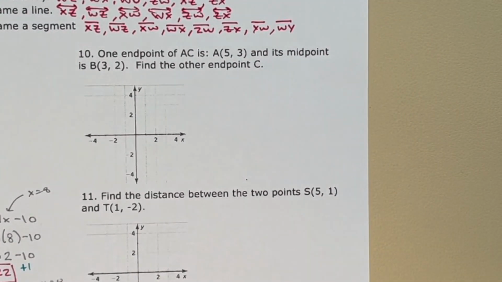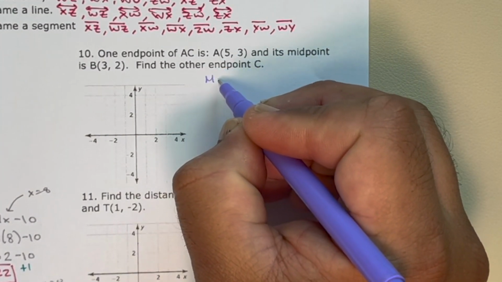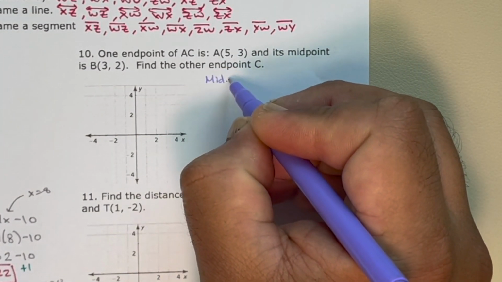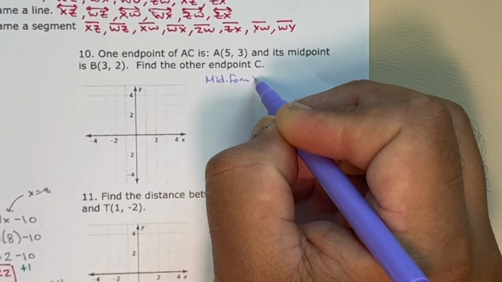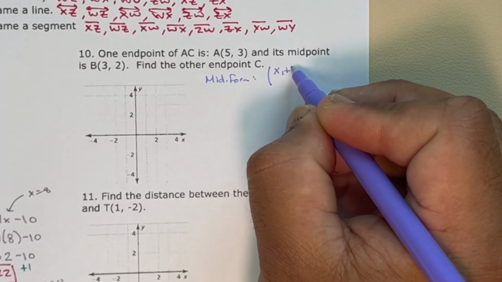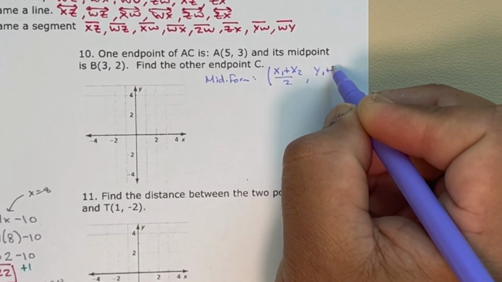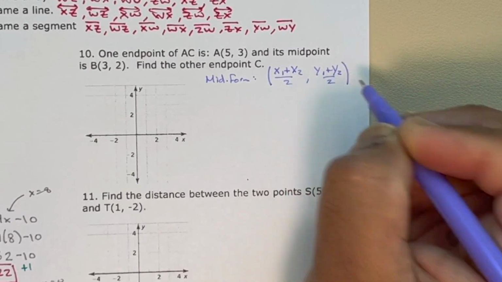Number 10, I think, is the trickiest on here. If I use my midpoint formula, let me abbreviate real quick. I've got x1 plus x2 over 2 and y1 plus y2 over 2.